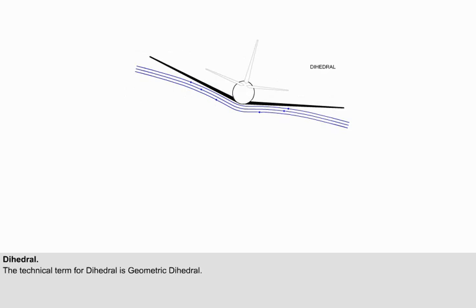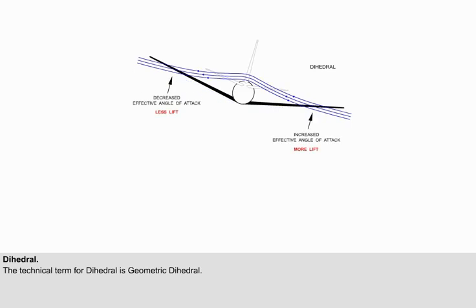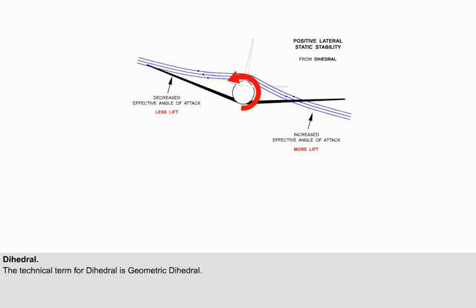It is clear that dihedral removes the wing from the influence of the airflow around the bottom of the wing fuselage junction, and the airflow over the top gives more lift on the wing into wind and less lift on the wing out of the wind, which generates a rolling moment back towards wings level. Dihedral gives an aircraft with a low-mounted wing positive lateral static stability.